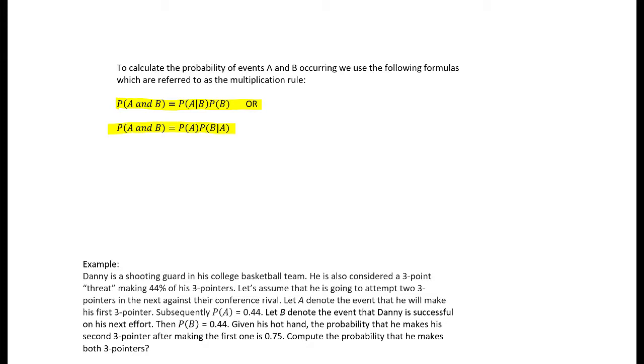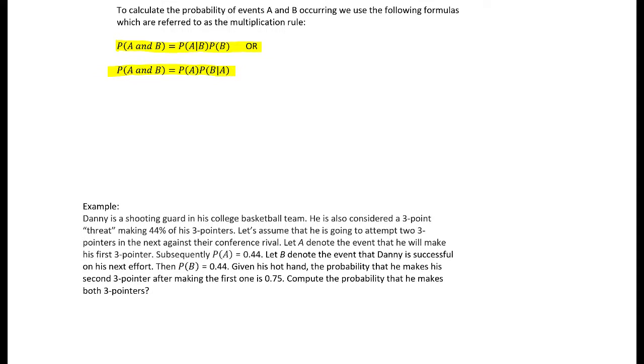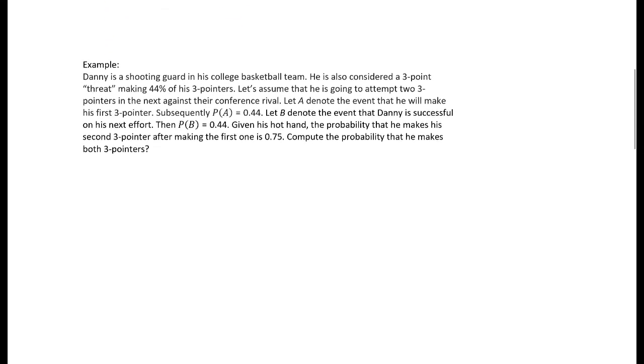All right, here we go. For example, Danny is a shooting guard on his college basketball team. He is also considered to be a three-point threat, and he makes 44% of his three-pointers. Let's assume that he is going to attempt 2 three-pointers in his next game against a conference rival. We're going to let A be the event that he will make his first three-pointer. And so the probability of A, the probability he makes his first three-pointer, is 44%.